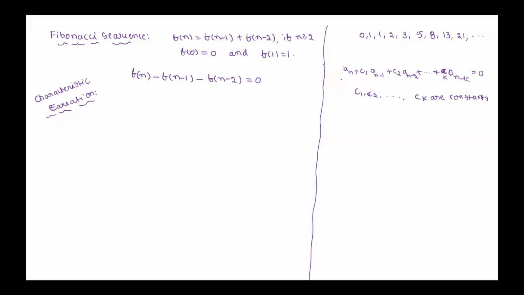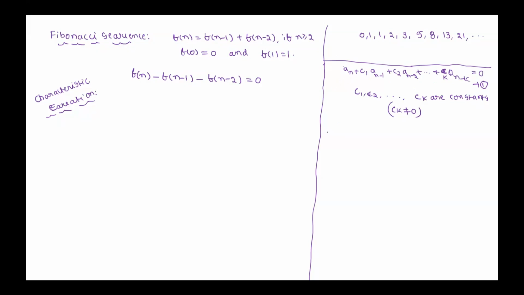Now, is it a recurrence relation or not? Whatever is given here, equation 1. an is the nth term, an minus 1 is the n minus 1th term in the sequence. It's a recurrence relation. Is it a linear recurrence relation?